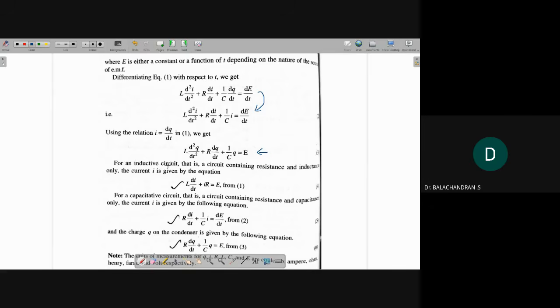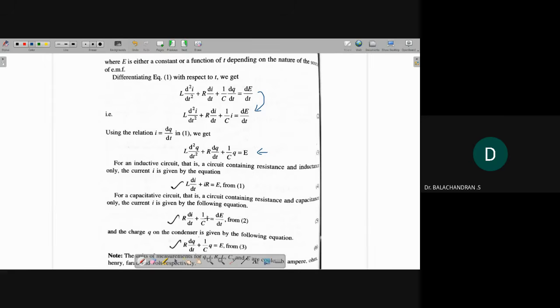Now this is the conclusion part. For an inductive circuit, that is a circuit containing resistance and inductance only, the current I is given by the equation L into di by dt plus IR equal to E. You got this from equation 1, in the previous page. Similarly, for a circuit containing resistance and capacitance only, the current I is given by the following equation.